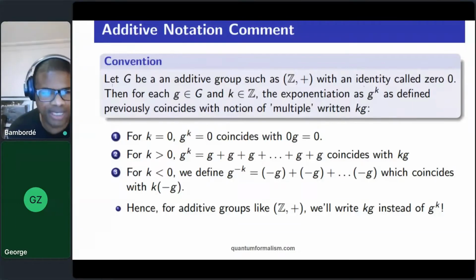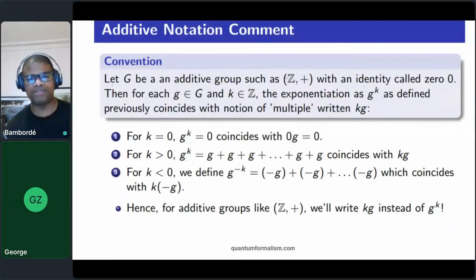Let's see what I mean. For example, when k equals 0, by definition this is 0. This essentially means the multiple of 0: 0 times g equals 0, when we are talking about this concrete group, Z plus.